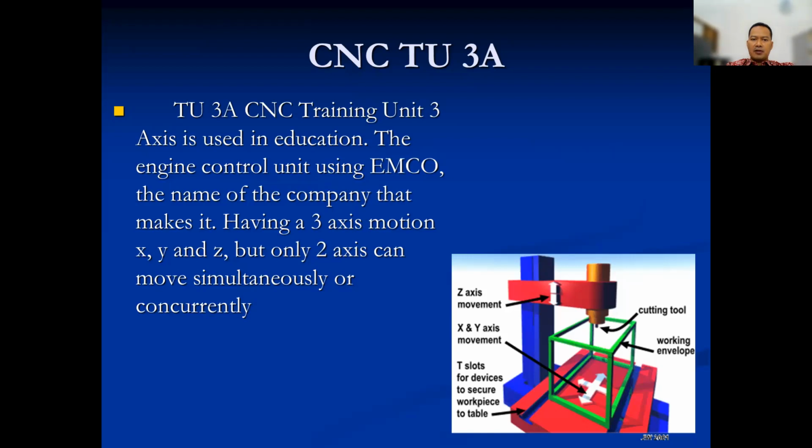This is only for educational use, and the machine control unit uses MCO, the name of the company that produces this CNC, and has 3 axis motion, X, Y, and Z, but only 2 axes can move simultaneously or concurrently. You see, only 2 axes. This is a very simple machine. So it means that only 2 axes can move simultaneously.